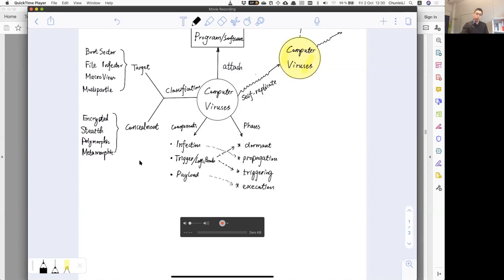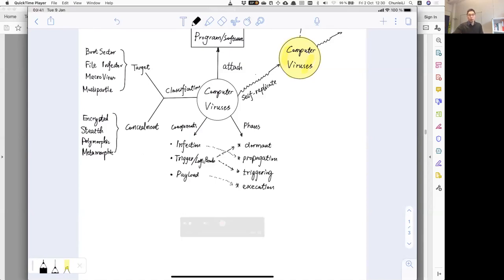For most viruses, if one is detected by the user or by the antivirus software, it will normally be deleted and removed in quite a short time. Most virus developers are well aware of this. They try to hide their malicious code in different ways.